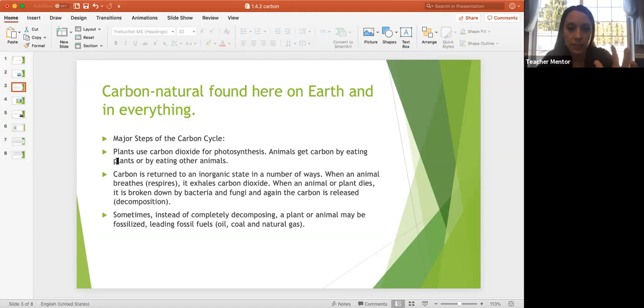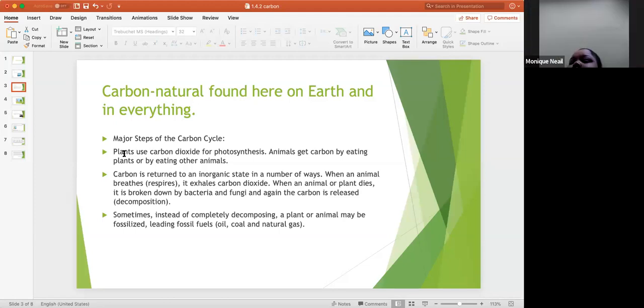Okay, so let's look at the major steps of the carbon cycle. They're pretty simple. The big one we're going to start with is plants. So who uses carbon dioxide? There are certain organisms that need carbon, and plants are producers. That means they can produce their own food using sunlight, carbon dioxide, and of course, water.